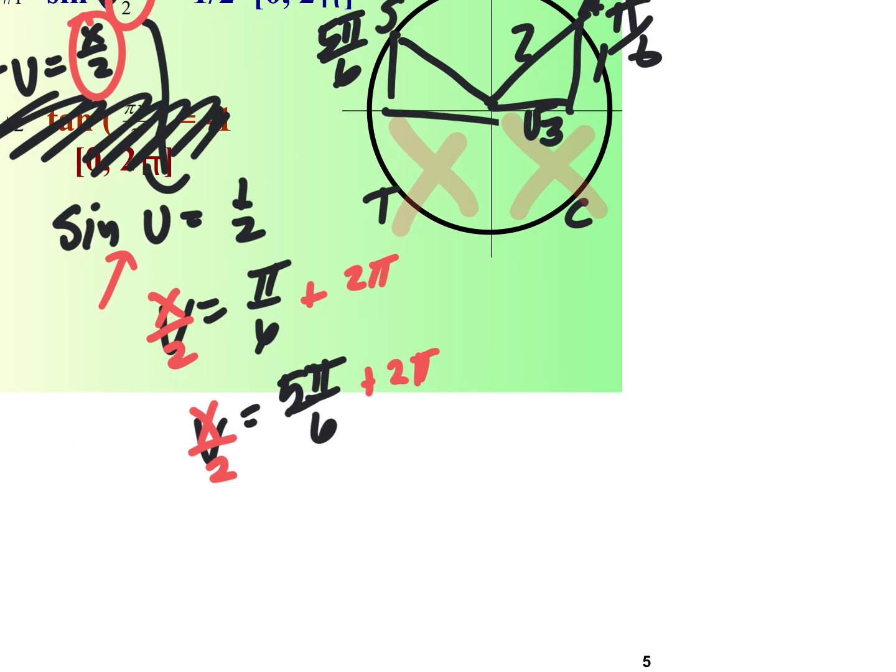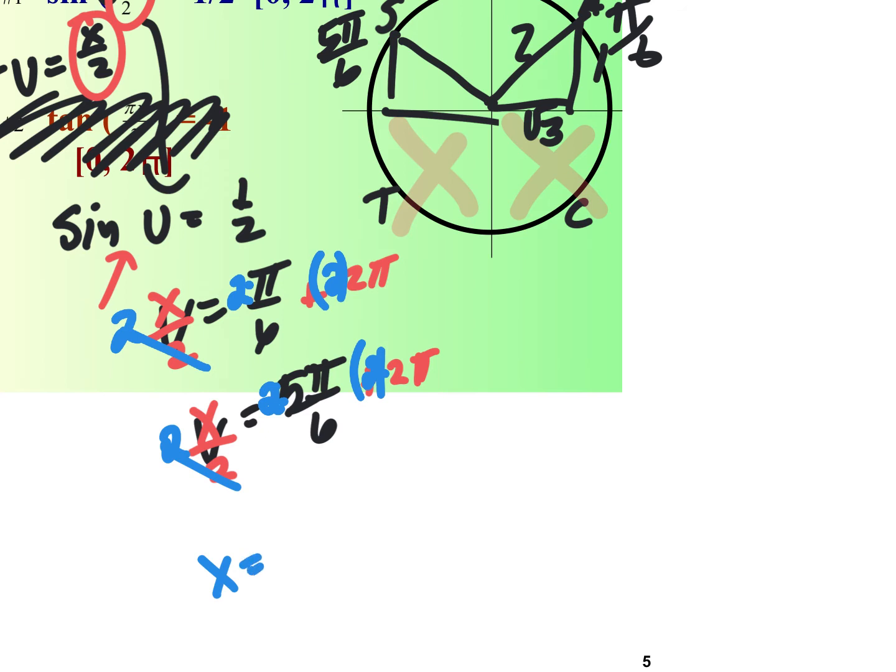And now to solve that, I'm going to multiply everything through by a 2. 2 here, and 2 here, and 2 there. 2 here, 2 here, and 2 here. Of course, that's not 22. That's 2 times 2. Okay, so now that cancels, that cancels, and my answers are, this is where you've got to be careful.